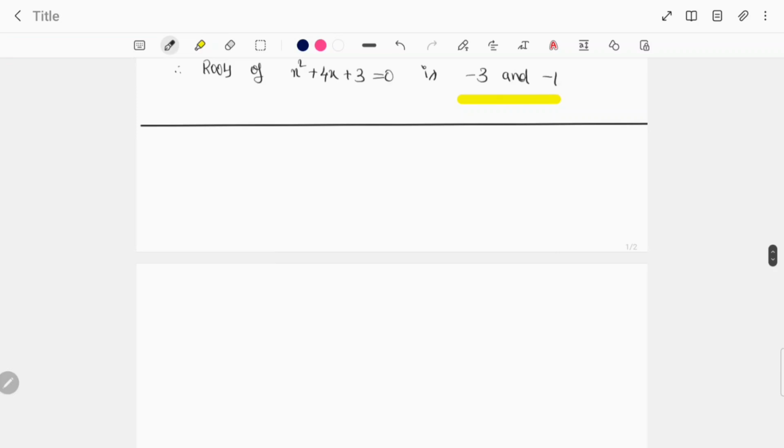Next, we'll see one more example of finding the roots of a quadratic equation by using the completing square method.